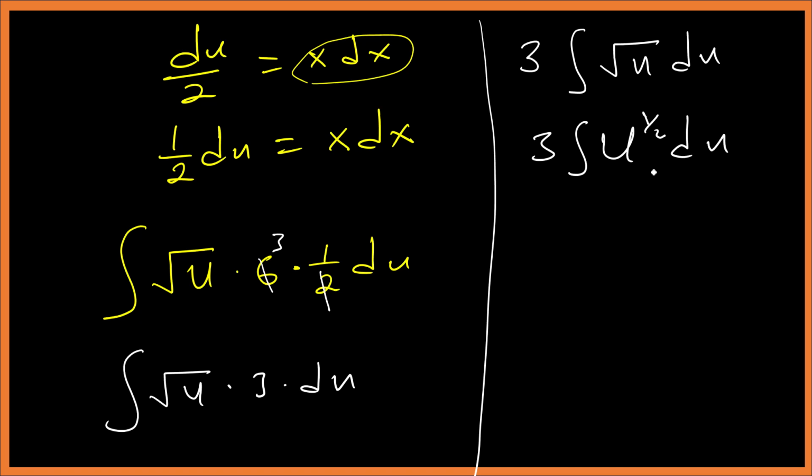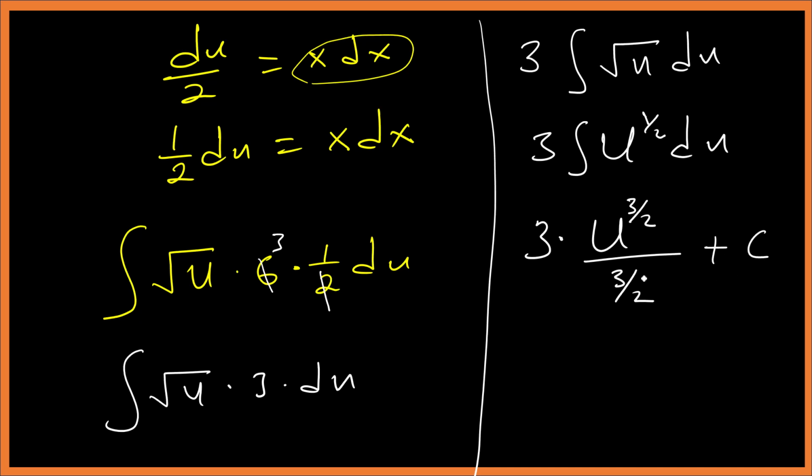So let's go ahead and do the integration. We add one to the power and divide by the new power, so that will be 3 times u raised to 3 on 2 over 3 on 2, plus c.